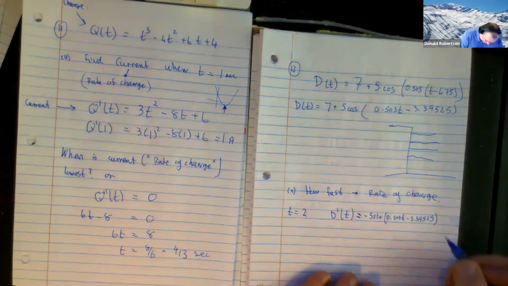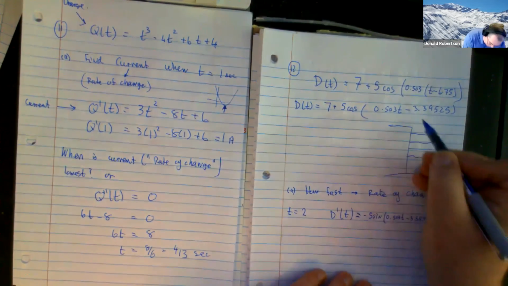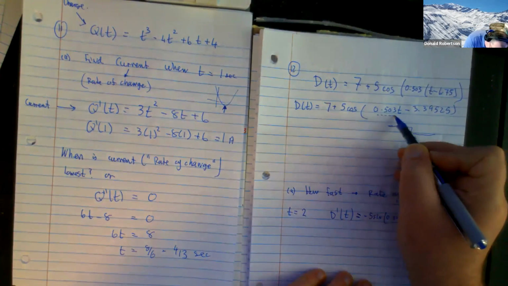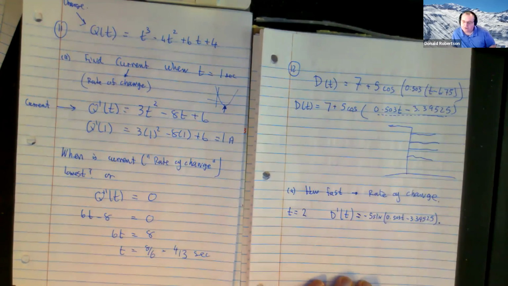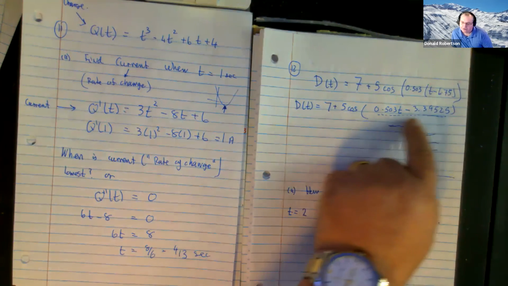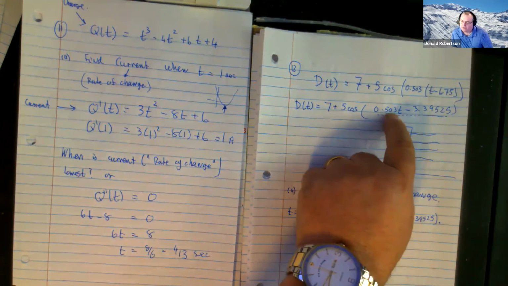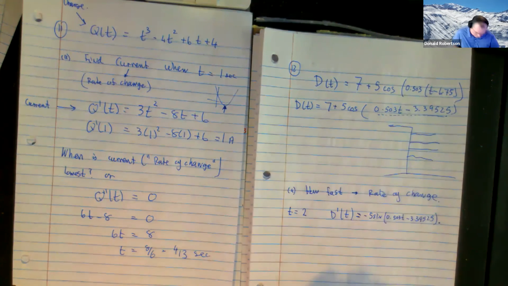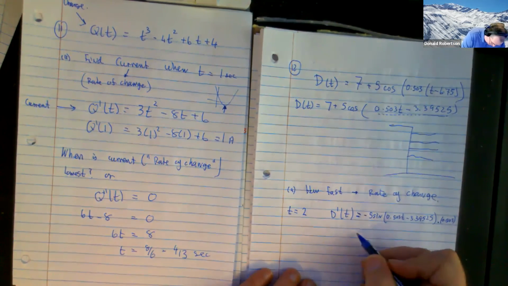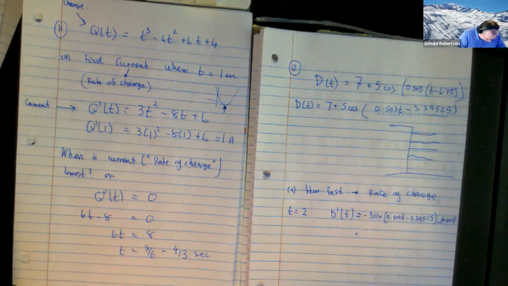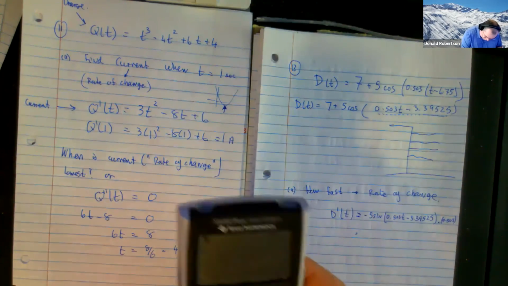And then shouldn't you finish with the derivative of the inside function? Now, as ugly as that looks, isn't its derivative just 0.503? So you finish with a 0.503. And I'm going to multiply them together just to make it a little bit neater.